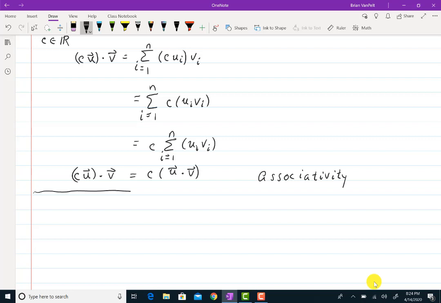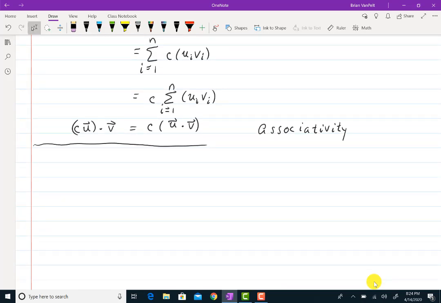A couple of notes that you might want to know. When I do u dot u, you get a sum, i equals 1 to n, of ui times ui. You match up the components. That equals the sum, i equals 1 to n, of ui squared.